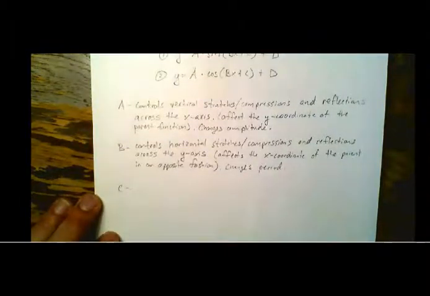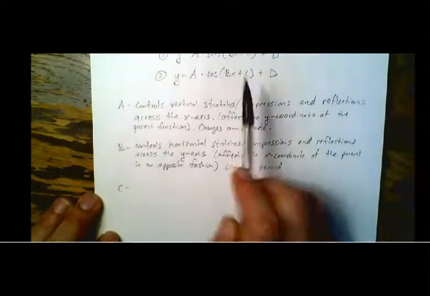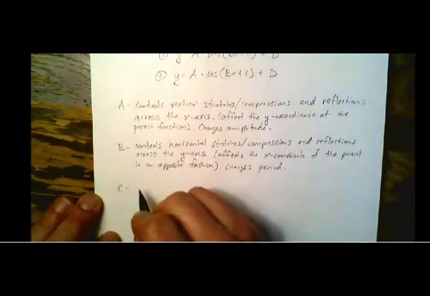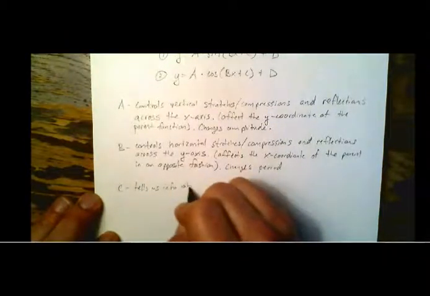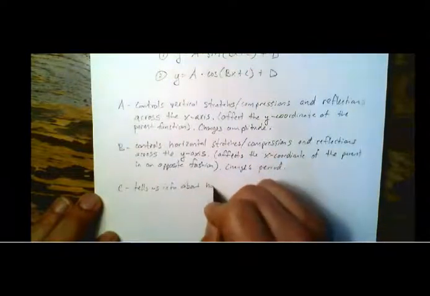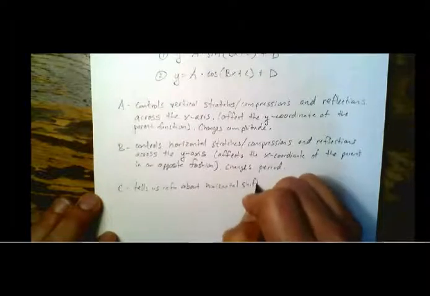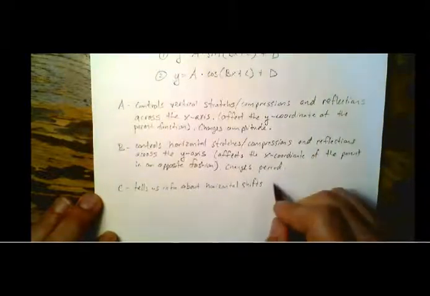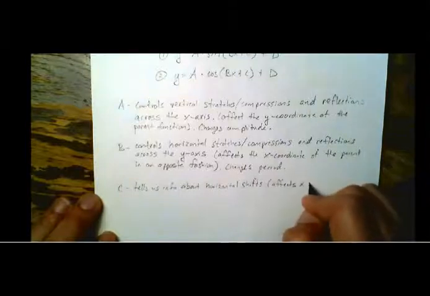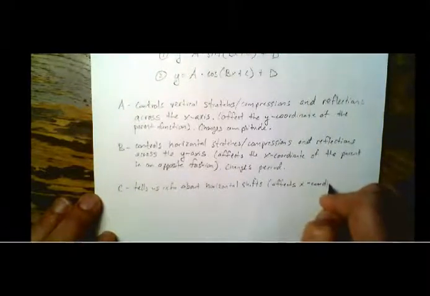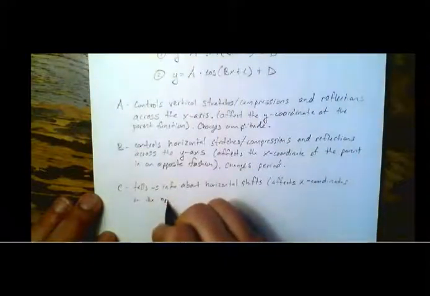C, remember that the C value dealt with horizontal shifts, right? So this tells us info about horizontal shifts. And of course that affects x-coordinates in the opposite fashion as well.